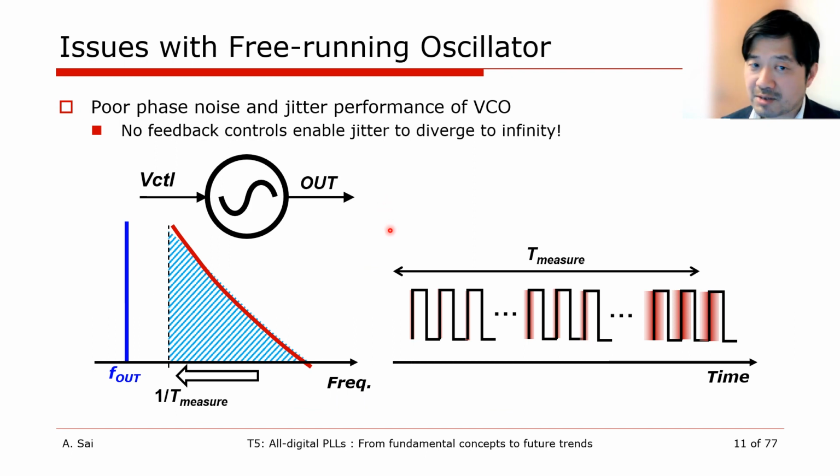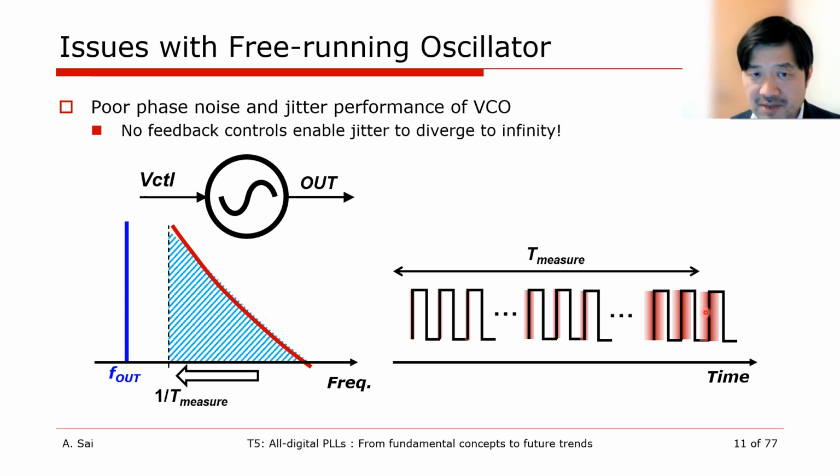So I explained the simplest clock generator is a VCO, but the phase noise and the phase jitter diverge significantly over time. The longer the integration time, that is, the longer the observation, the greater the jitter.